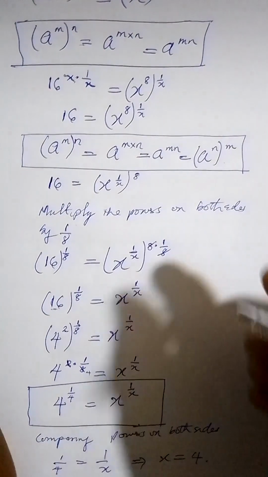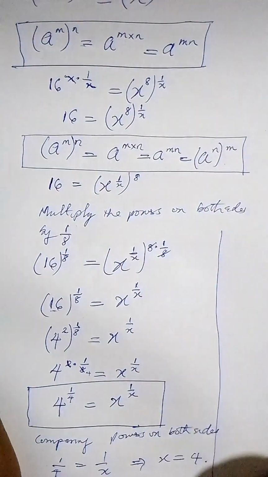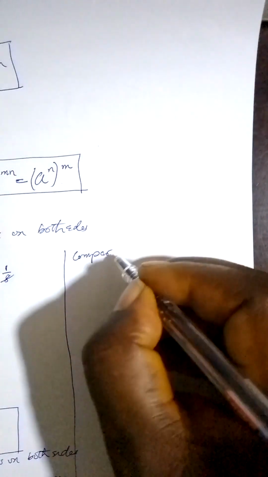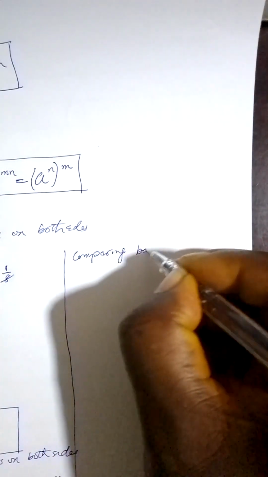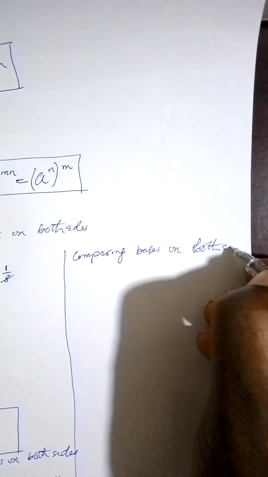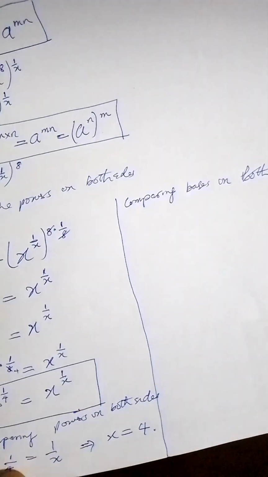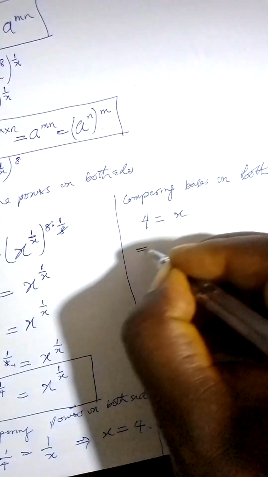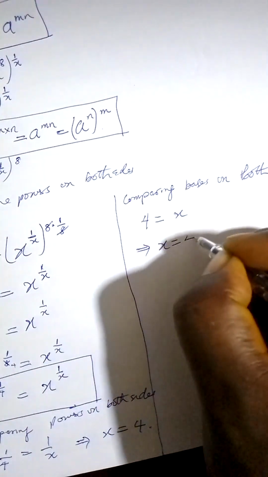Okay, then also comparing the base on both sides, we have that 4 is equal to x, which also means x equal to 4.